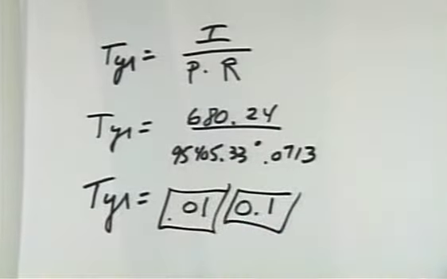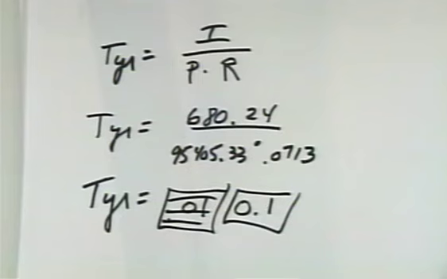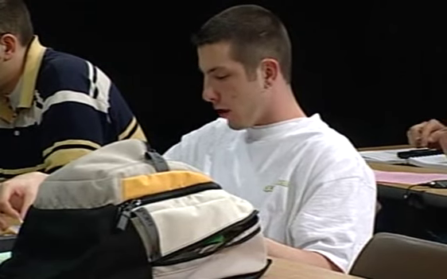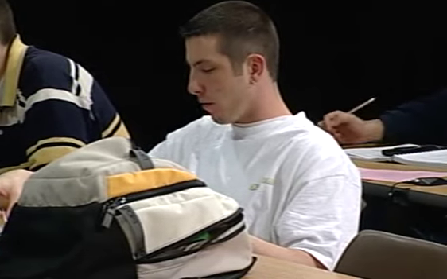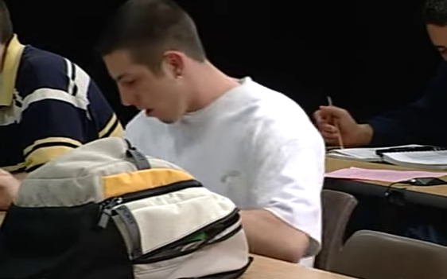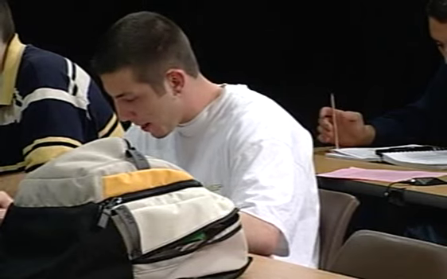What did somebody get? 0.1. Okay. What'd you get? Oh, that's not how I set mine up though. What'd you do? I did time equals 680.24 over, I'm sorry, I'm dyslexic, over 6802.25.